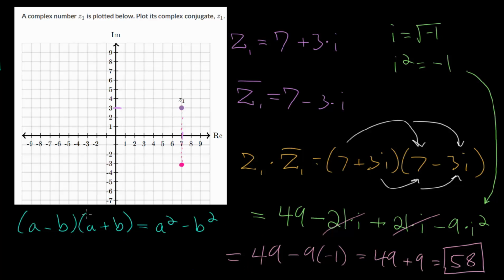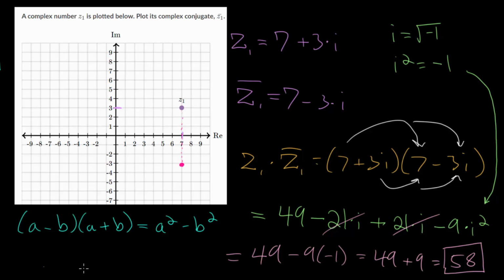So when these are complex numbers, b in both cases would be some imaginary number, and we'll be squaring it. So we will always have i squared, which is -1, and that will make this a real number.